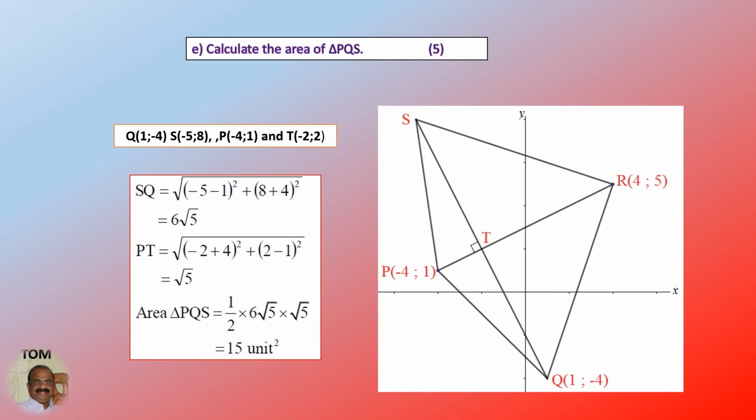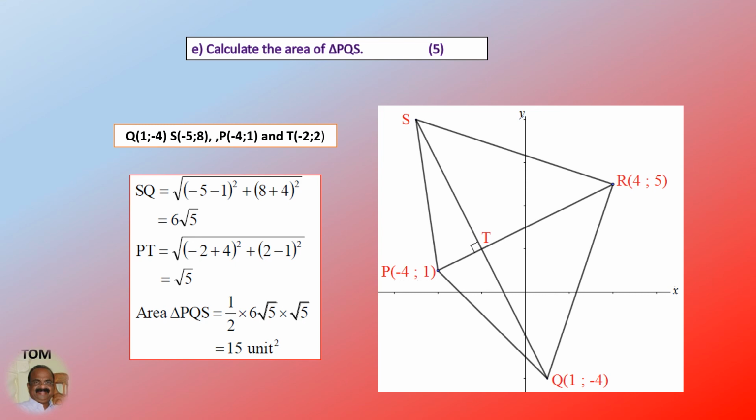Again, the length of PT, we use P and T into the same formula. We substitute very carefully. Then we use the calculator and we get root 5. So SQ and PT available.